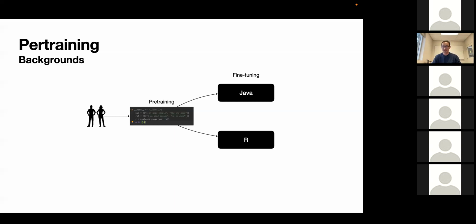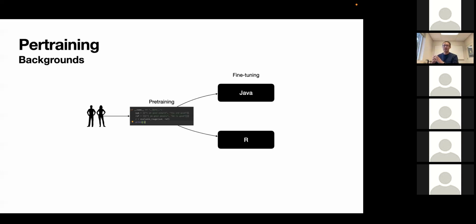This is much the same as with a model. Pre-training of a model is using really large data to train a model, and fine-tuning is when we want to build a model for a specific task.